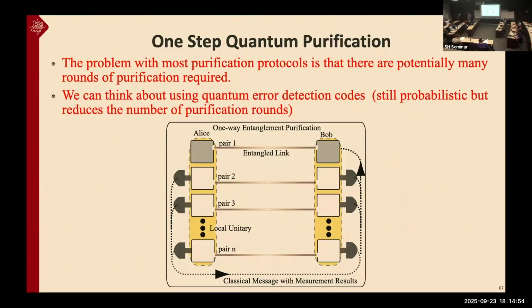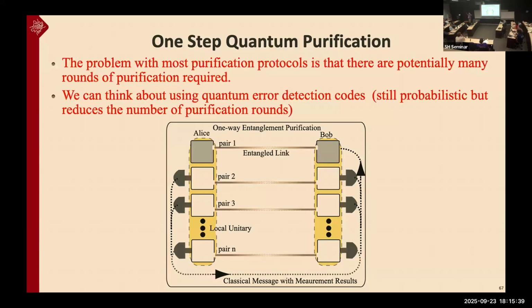Another name for entanglement purification is error detection. So I can replace the purification codes with error detection codes, and then take 5 copies of the state, do gates between them, and in one time step, if it's successful, get a much higher purified pair, okay? It works very effectively, but there's a problem.